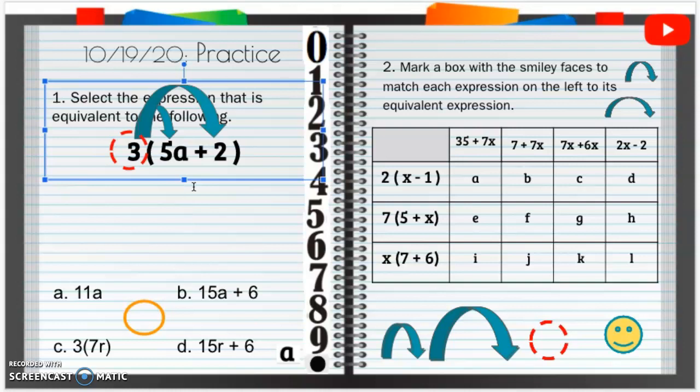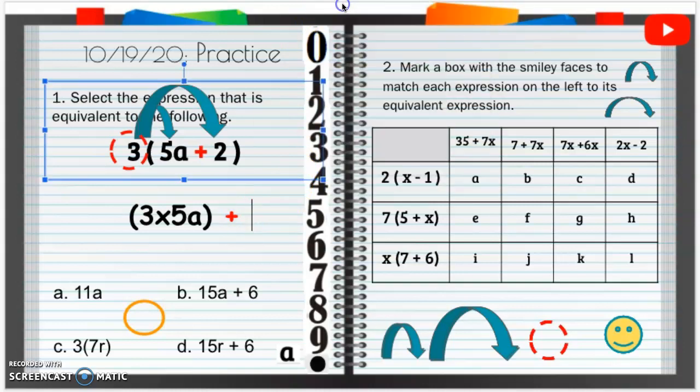We have in parentheses 3 times 5a plus, and notice this plus sign, we're going to keep it as a plus.